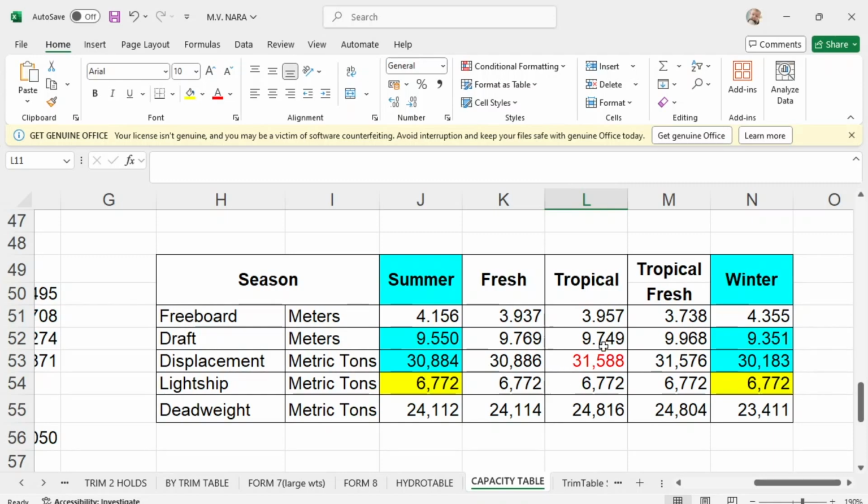This will be our departure draft, salt water, of 9.749 and displacement of 31588. Okay, and remember, our light ship is 6772. That will be our light ship or light displacement. Okay, so let's proceed.